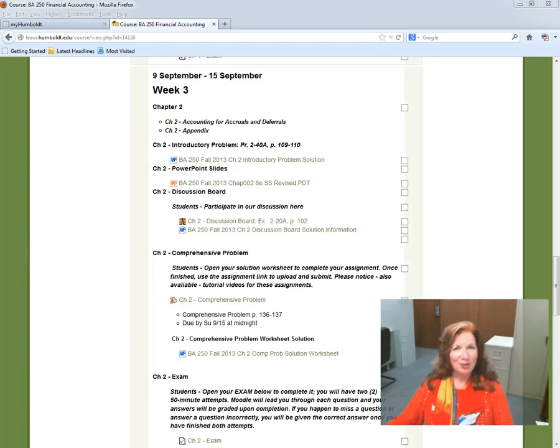So I want you to be expanding your understanding of accounting, expanding your bag of tricks so that you have more ideas, and there are many in this appendix. The appendix is divided into 2013 and 2014.